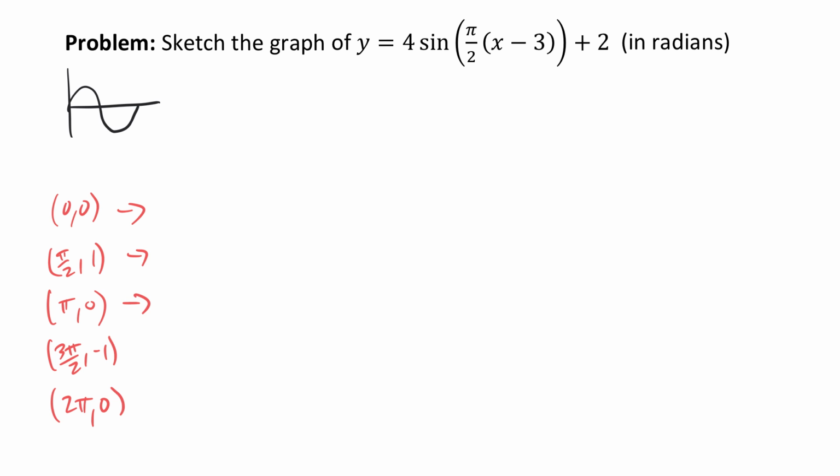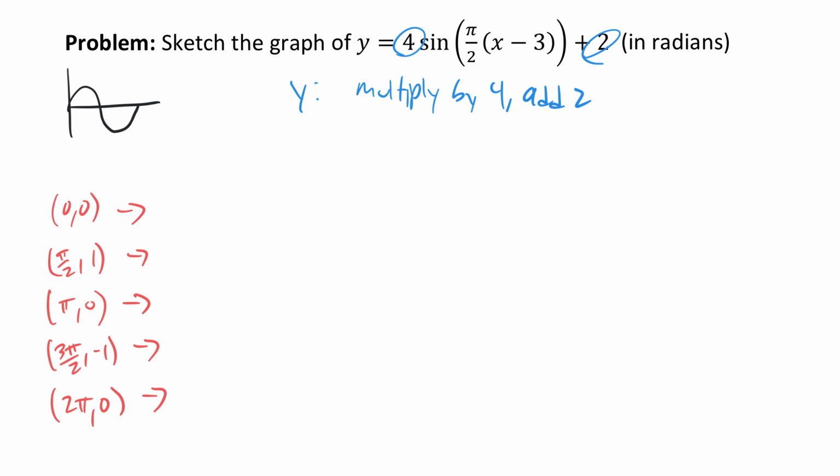Now for this, we have to do a lot of math on each one of the points. The 4 and the +2 are the y values. So for the y, first multiply by 4, then add 2.